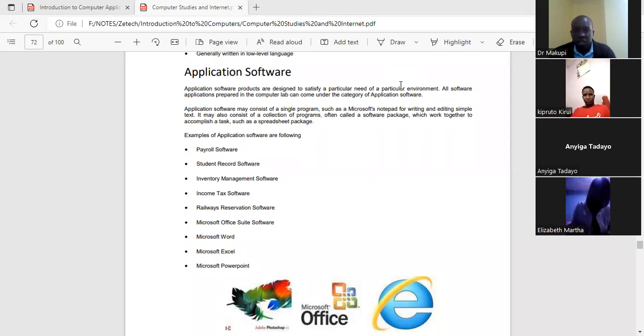WhatsApp is also an application software, but it has been designed specifically for purposes of messaging or texting in that regard. YouTube is also another application software. It has been designed specifically to allow you to upload videos and watch multimedia videos. Other examples of application software include inventory management, student, Microsoft, PowerPoint, reservation softwares, and many others.